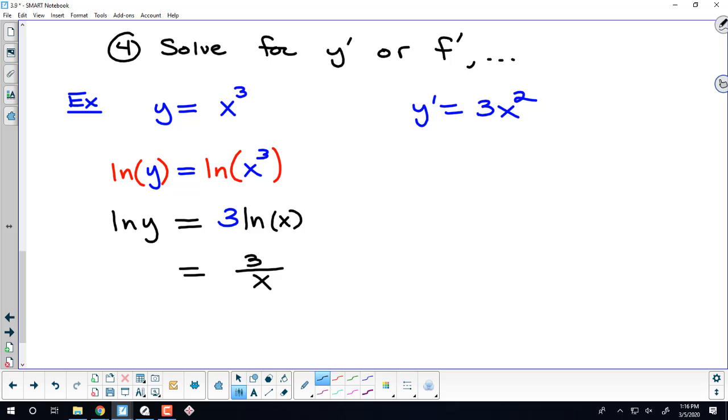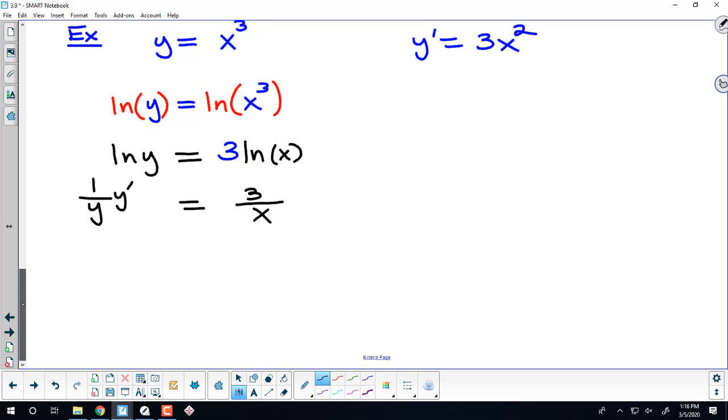Y is really a function of x, so this is an implicit differentiation step on the left-hand side. The derivative of the logarithm is 1 over the argument times the derivative of the argument. So it's 1 over y times y prime, or y prime over y.